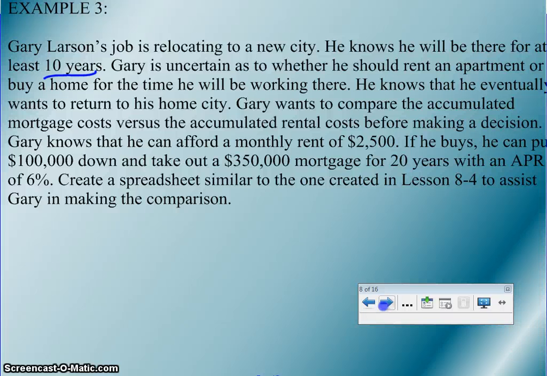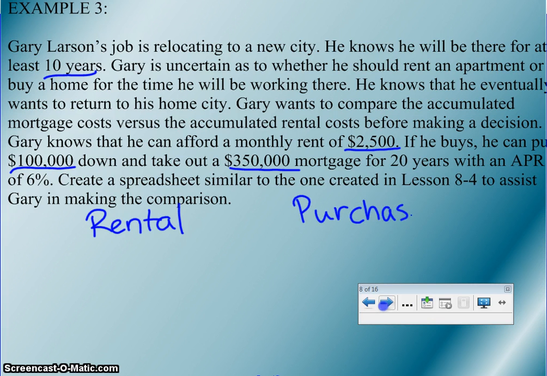Gary wants to compare the accumulated mortgage costs versus the accumulated rental costs before making a decision. He knows he can afford a monthly rent of $2,500. If he buys, he can afford $100,000 down, and he can get a $350,000 mortgage for 20 years at an APR of 6%.